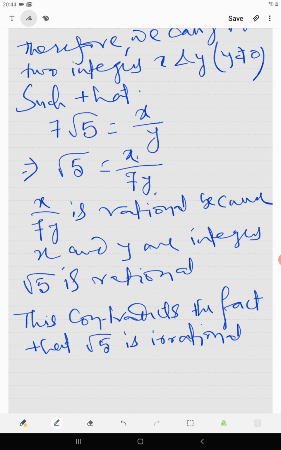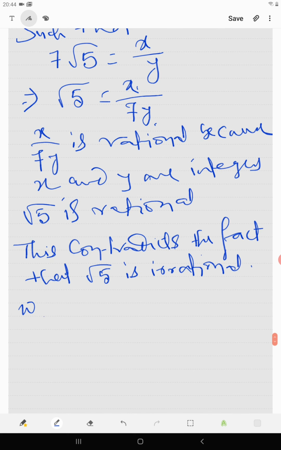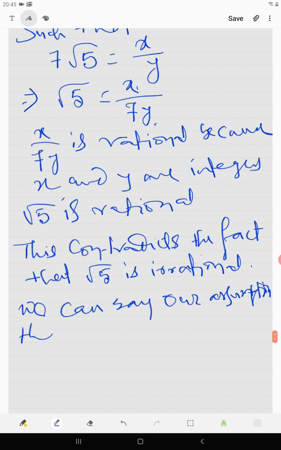Okay, so we can say our assumption that 7 root 5 is rational is wrong.